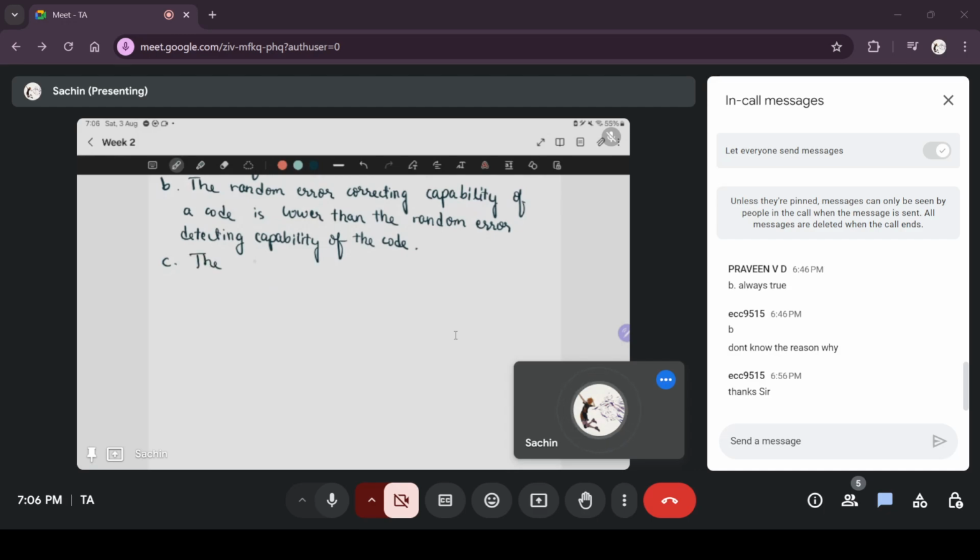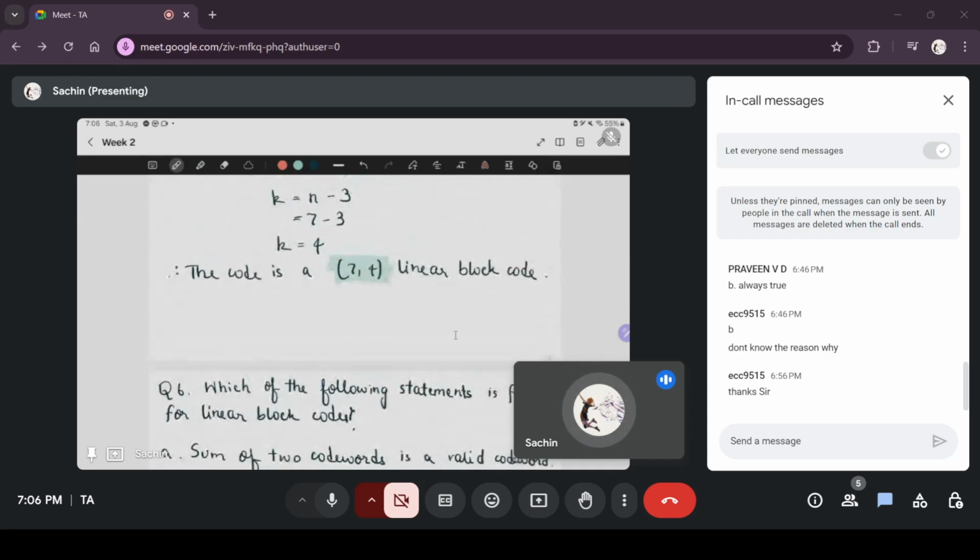Third statement, the probability of undetected error is independent of the transmitted code word. This is also a true statement.